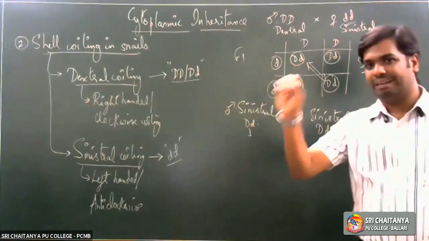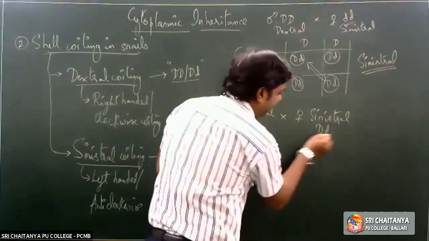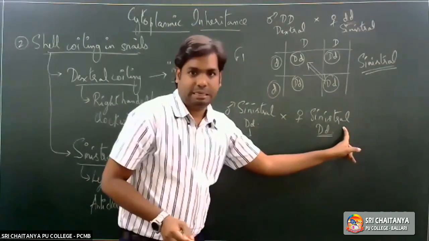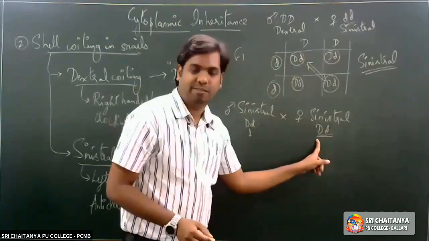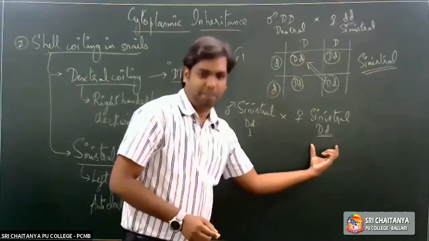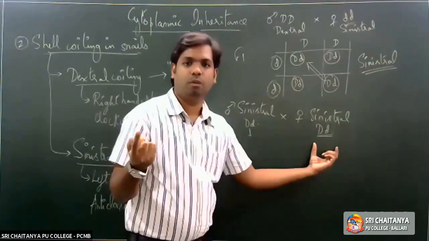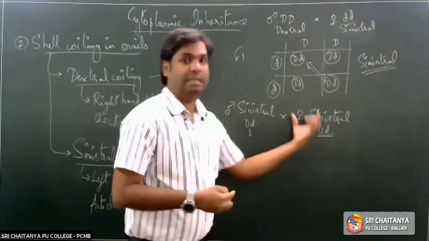Now try to understand this very clearly, right? This particular F1 progeny, even though the coiling is sinistral here, since it has a dominant allele present, will this sinistral coiled female produce the protein in its lifetime? The answer will be definitely yes.